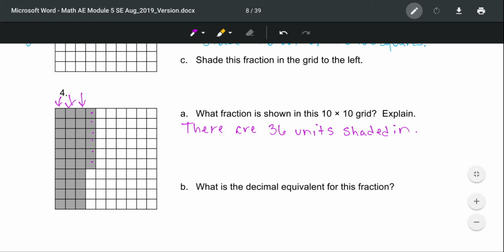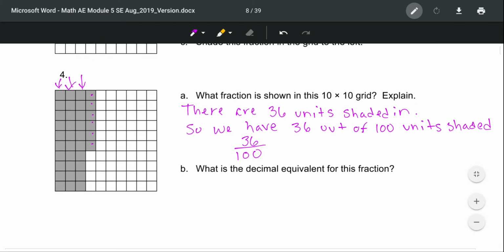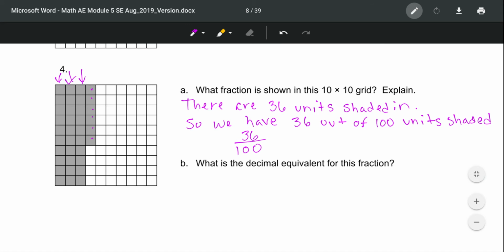So that means we have 36 out of 100 units that are shaded. So our fraction would be 36 out of 100. Okay.